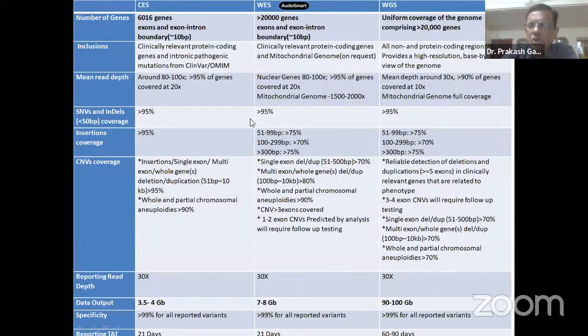And then the second is the whole exome sequencing. Previously, whole exome sequencing started with something like 14,000, 15,000 genes. Then it became 18,000. So presently many labs are adding new genes to this. They take up important genes, and presently almost 22,000 genes are being sequenced simultaneously.